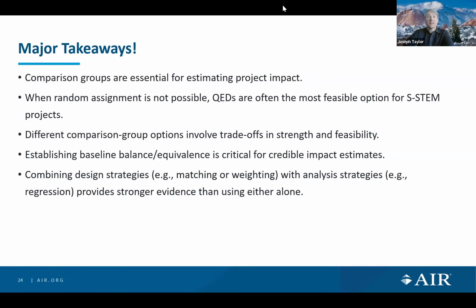We discussed today how different comparison group options involve trade-offs, both with regard to scholar similarity and with feasibility of implementation. And paramount to any comparison group design is establishing baseline equivalence to increase the confidence in our impact estimates. Finally, combining design strategies such as matching or weighting with analysis strategies such as regression likely provides stronger evidence than using either approach alone.